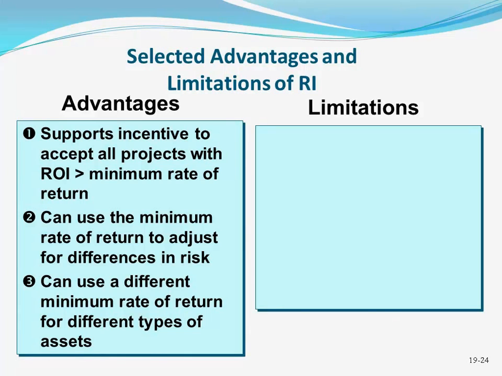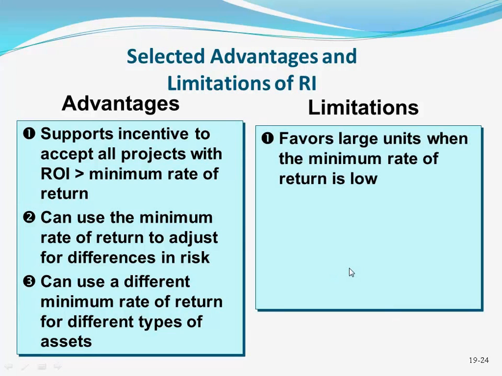Once we have a minimum rate of return, we can adjust it for risk by adding a risk premium to areas or projects that we consider more risky. We can use different minimum rates of return for different types of assets.